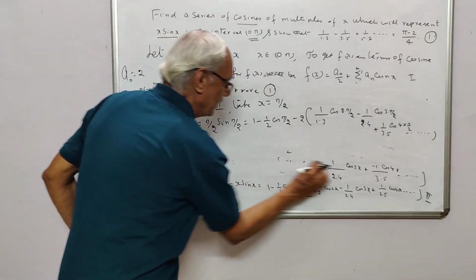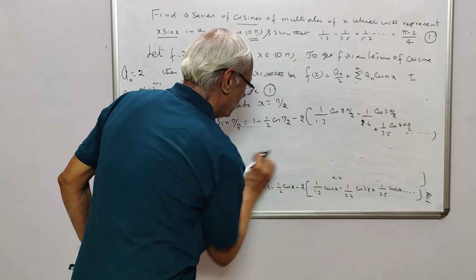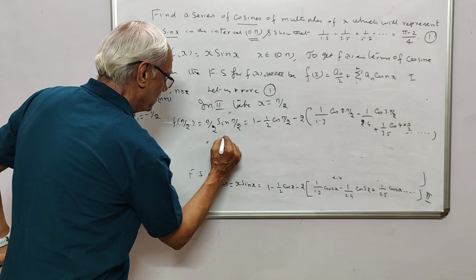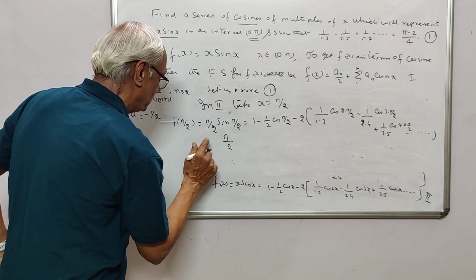Now you see that this one is 0. Sine pi by 2 is 1. So this gives f of pi by 2.